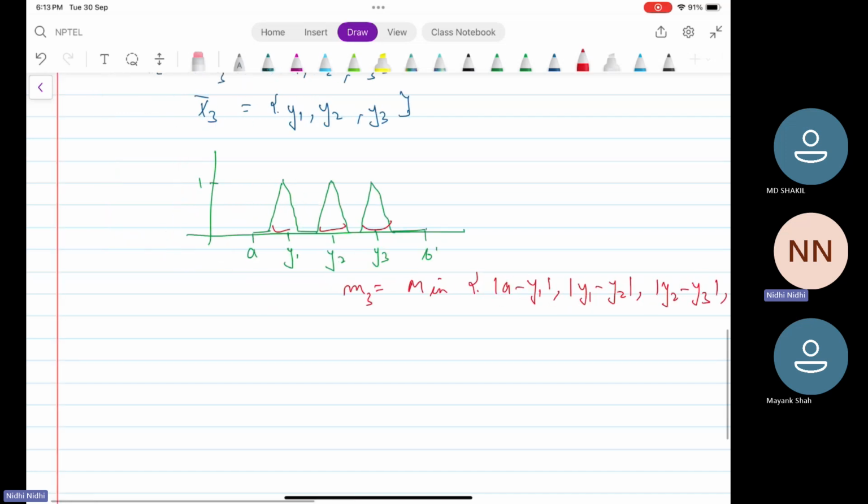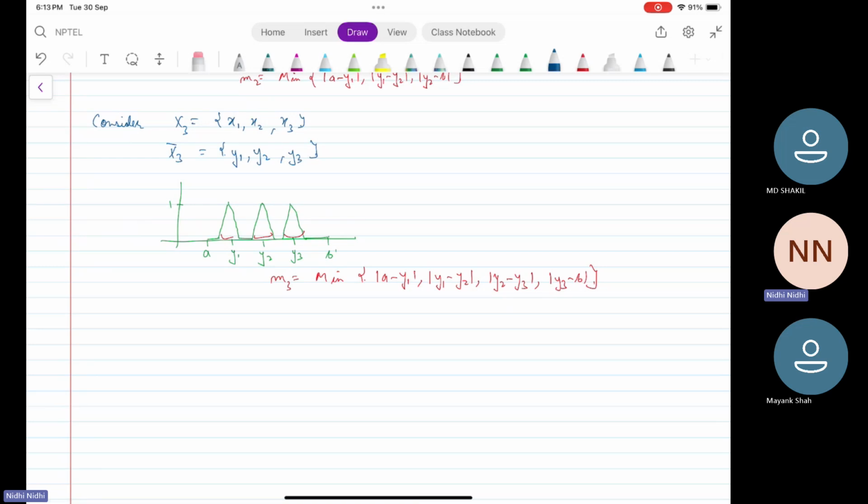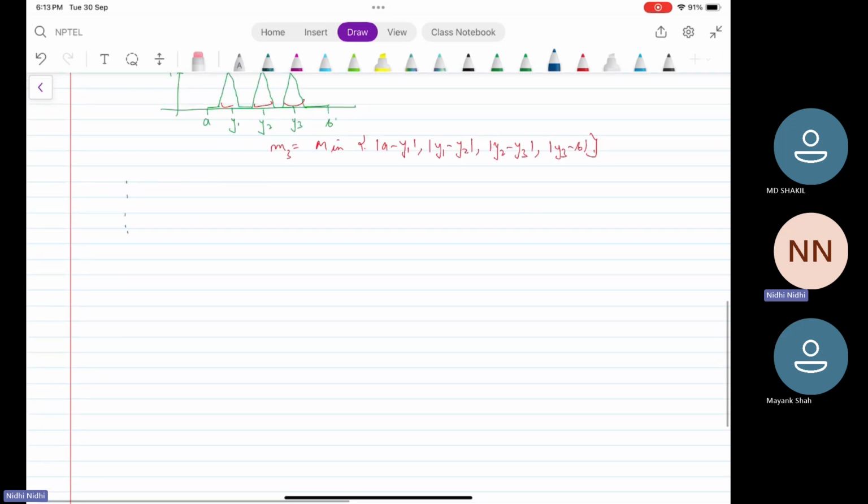So clearly, all these functions, moving on in such a similar pattern, our function fn for some n would be something like this. We'll have some n number of triangles.